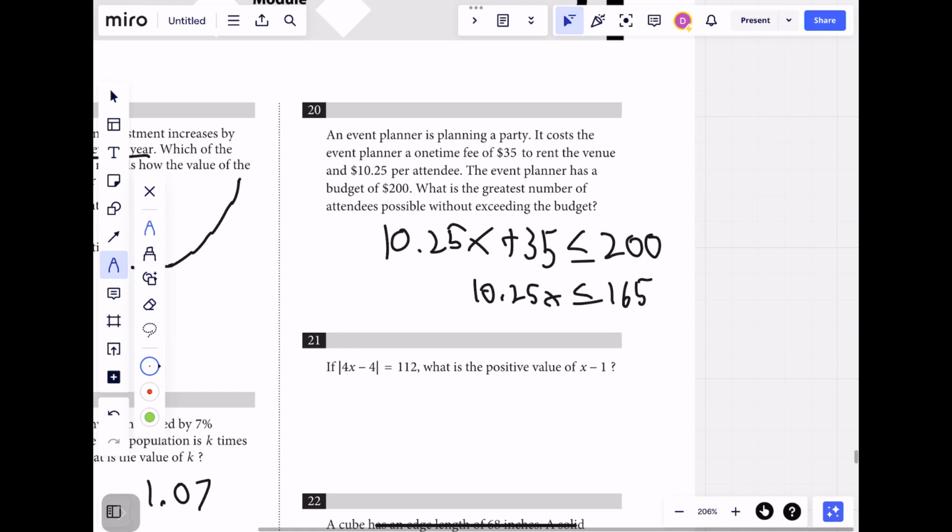That is just over 16, about 16.1. So x is less than or equal to 16.1. You can't have 16.1 attendees, and it has to be less than that, so x is going to be 16.